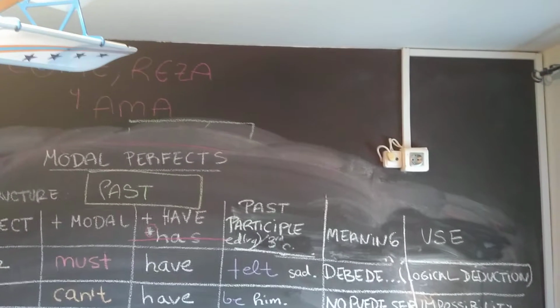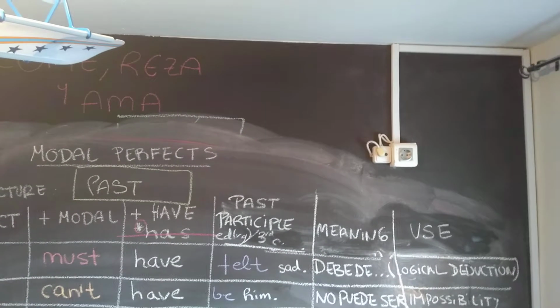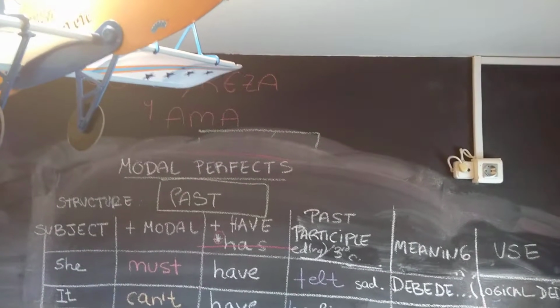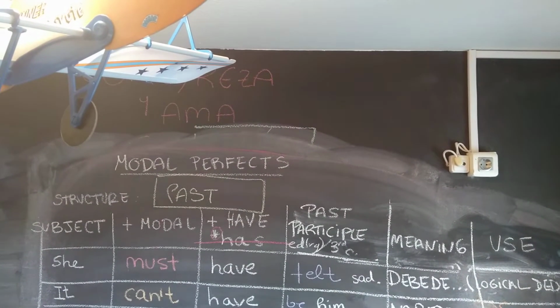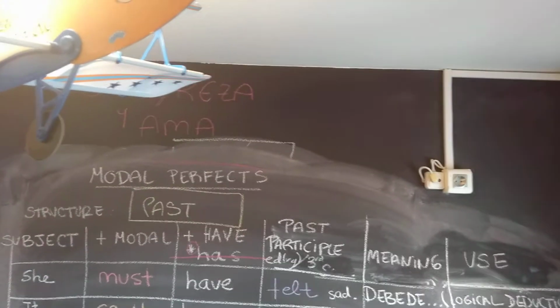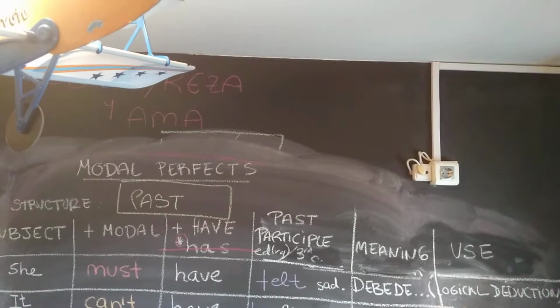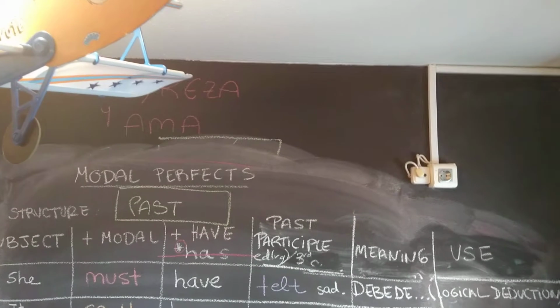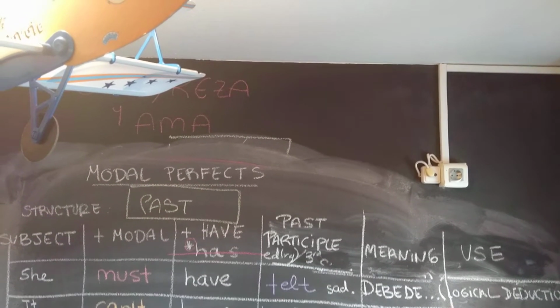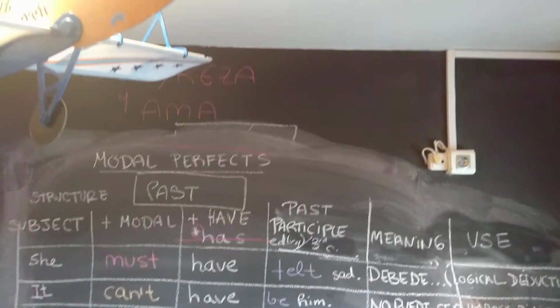So what we are doing is a logical deduction. Or, they must have been so bored being at home when they're used to doing sports and going out. So it's as easy as that. If we want to talk about a logical deduction about the past or about a past action, we use must.